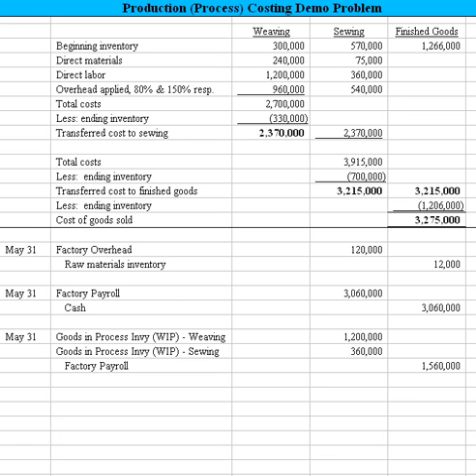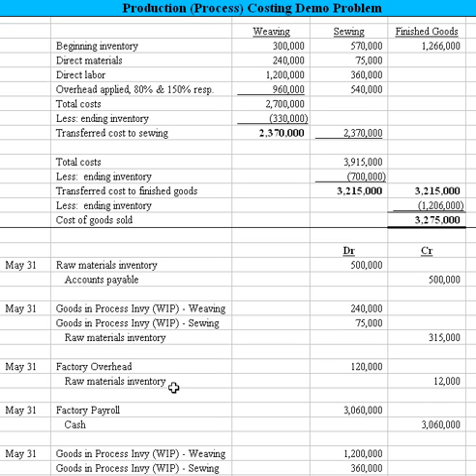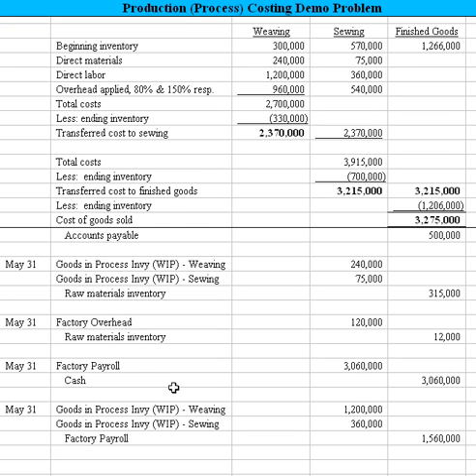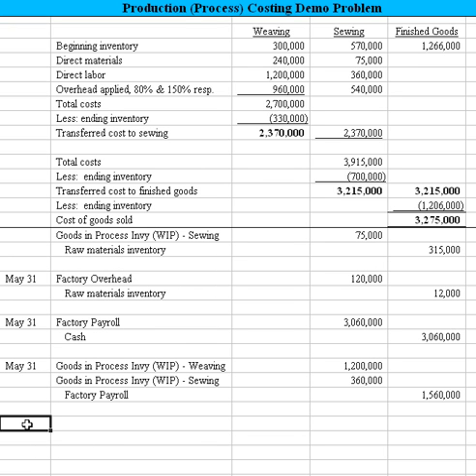All right, now let's do, we've recorded factory payroll, we've recorded the direct labor, we've recorded indirect labor, or have we? Nope, we haven't recorded indirect labor, so let's cover that one. Boy, I keep making that same error in formatting.